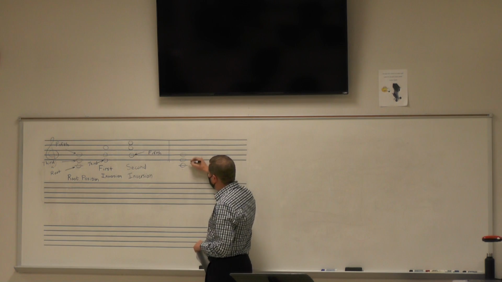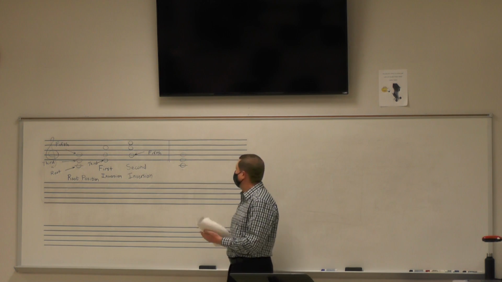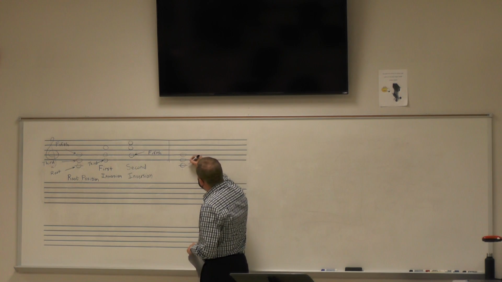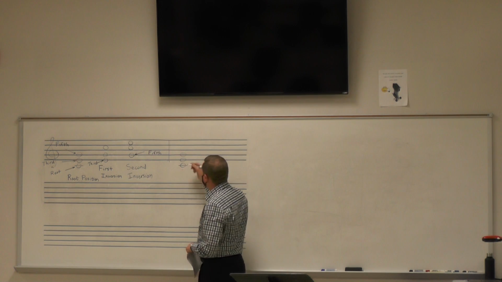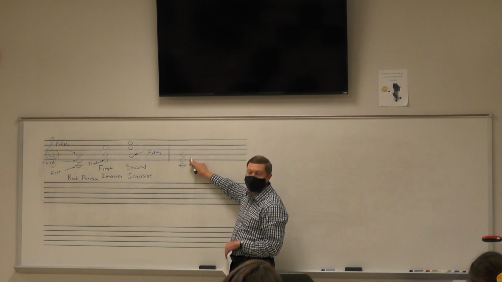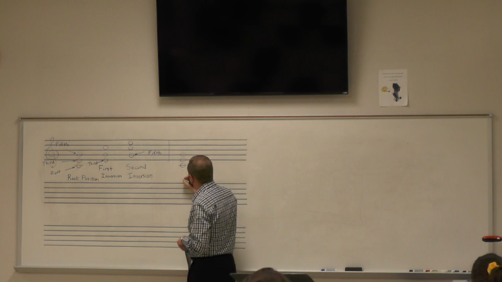And the numbers refer to the interval sizes of the notes above the lowest tone. Just the interval size, by the way, not the modifier. How far above the lowest tone C is the E? What interval number? A third, okay?